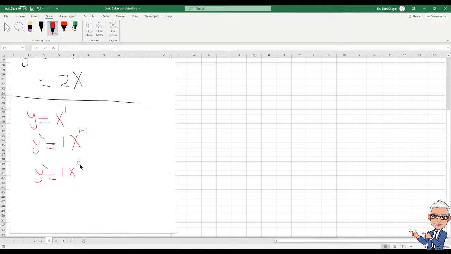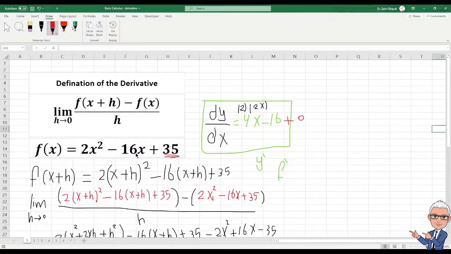Any variable power 0 is 1. That's why the final answer is 1. So if you go back here, it is 1 times 16.